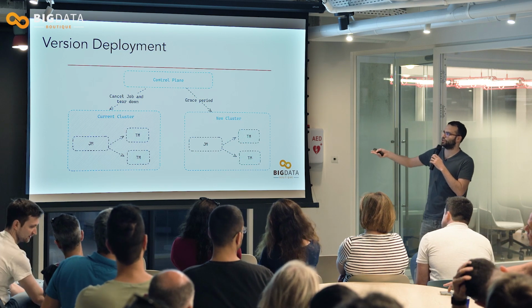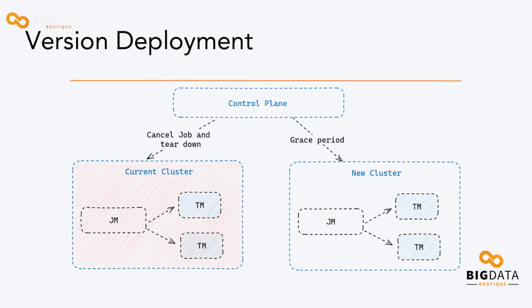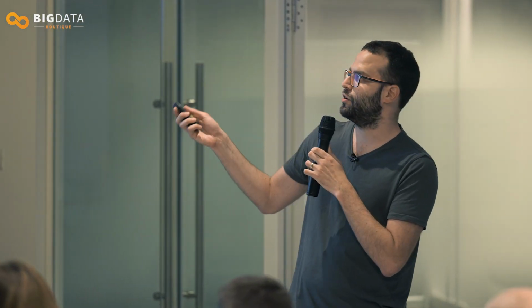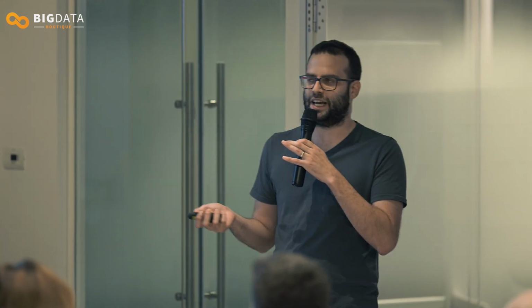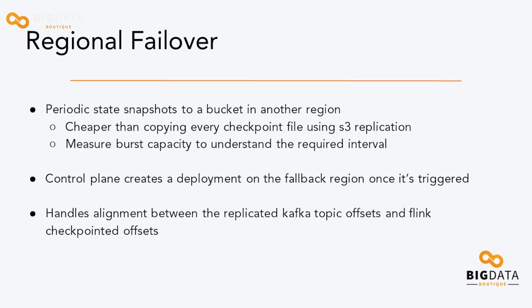After we're sure that the new cluster is alive and well, we cancel the job and tear down the old cluster. So that means we have a new cluster started from the manual savepoint that we triggered, and we can stop duplicating our efforts.